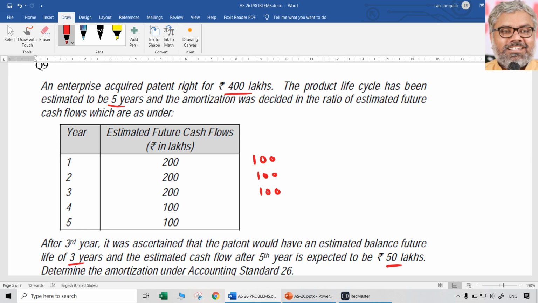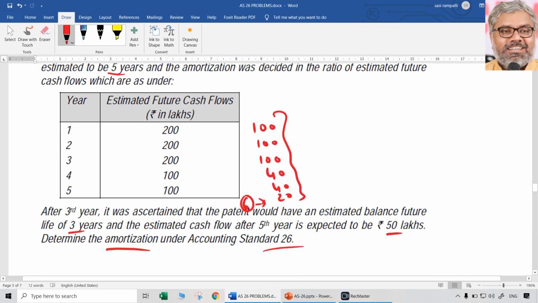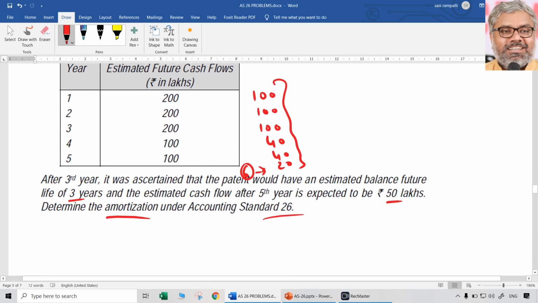That should be now amortized in the ratio of 2:2:1. That means 40, 40. One more year is added now. That is 6th year. In that year, it will be 20. That's all. This is the pattern of amortization. 100, 100, 100, 300, 40, 40, 20 will be there for the next years. That means 4th, 5th and 6th years.